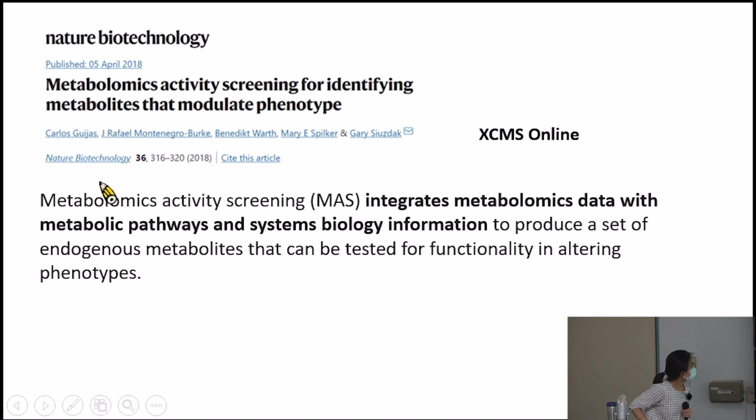And this tool from 2018 is used for metabolomics activity screening, MEX screening. This database integrates the metabolomics data with pathways. When we are able to identify the metabolic pathways, we are able to reflect the real cell response. This is one of the tools that can help us test the functionality of our metabolites in altering the phenotype.